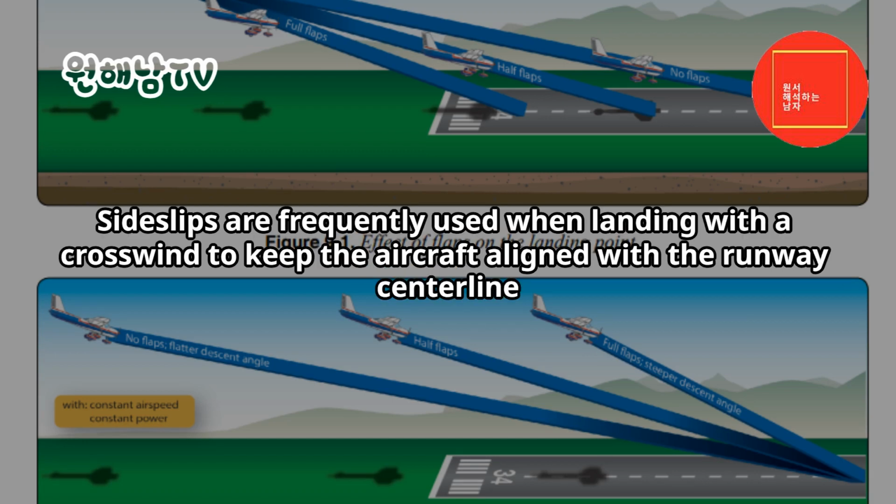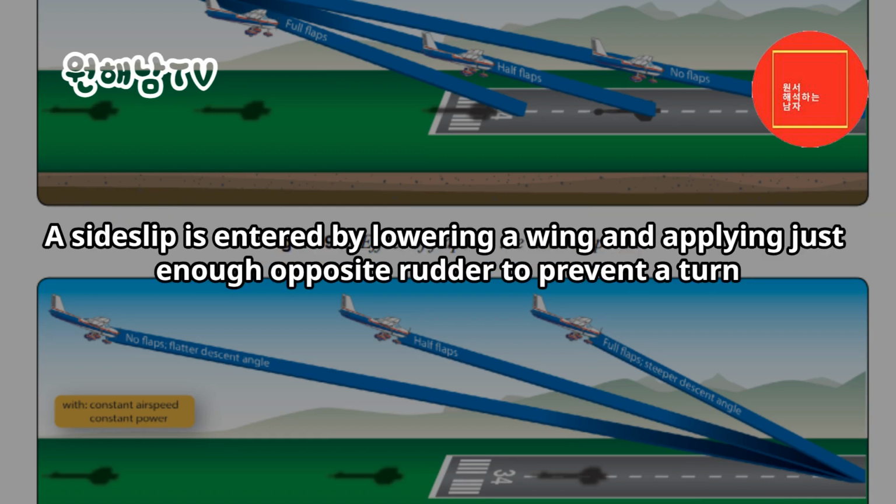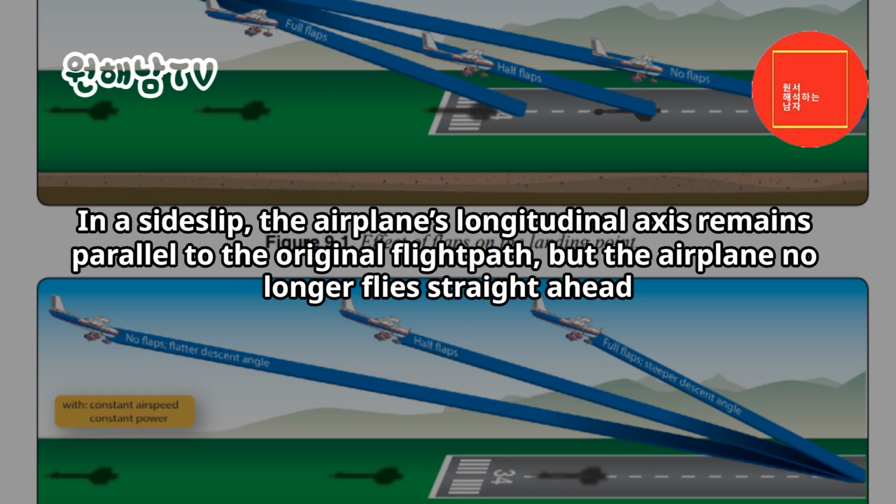Side slips are frequently used when landing with a crosswind to keep the aircraft aligned with the runway centerline. A side slip is entered by lowering a wing and applying just enough opposite rudder to prevent a turn. In a side slip, the airplane's longitudinal axis remains parallel to the original flight path, but the airplane no longer flies straight ahead.